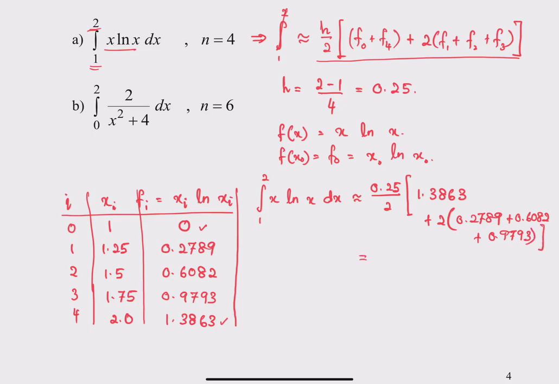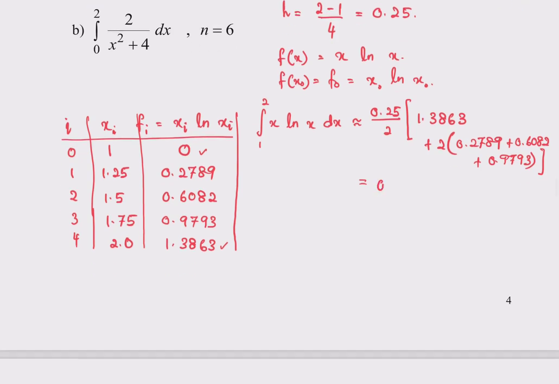Then you calculate, and if you do that, you will get the answer 0.6399. Okay, this is one example of how we use the trapezoidal rule to evaluate our integral.